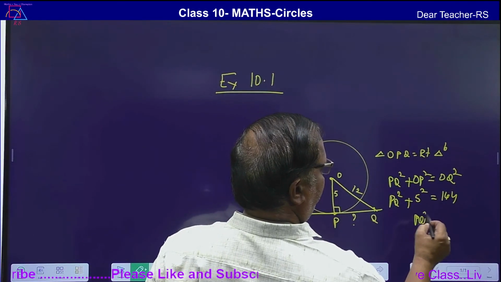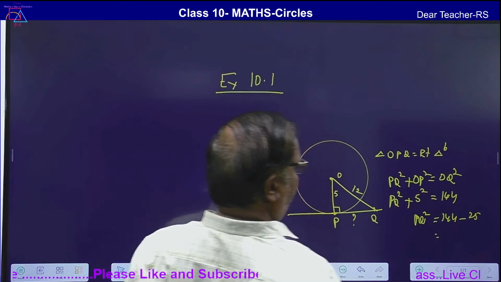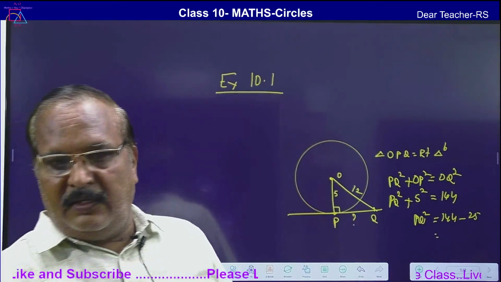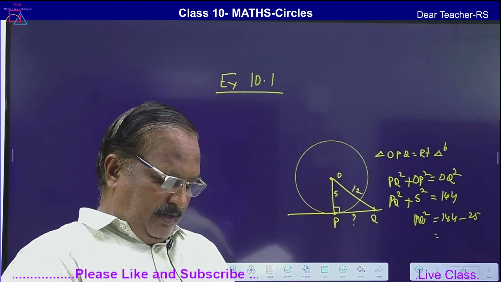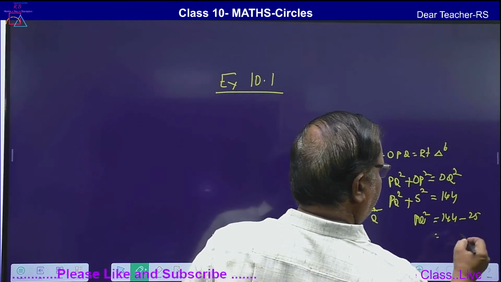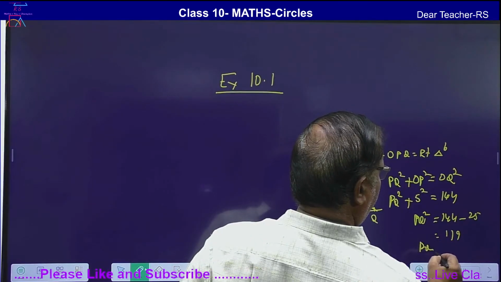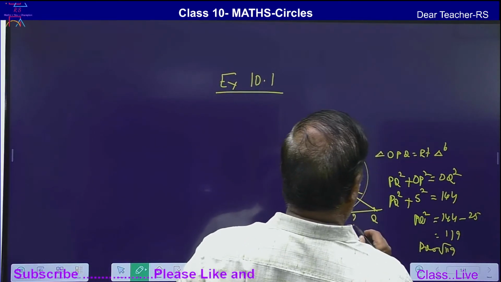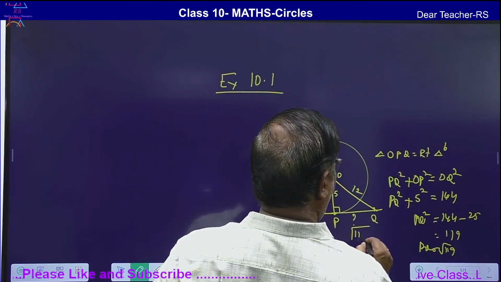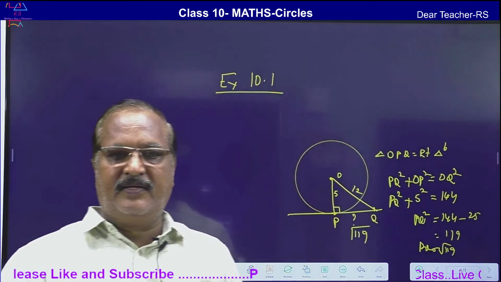So PQ square is equal to 144 minus 25, which is 119. So PQ is equal to square root of 119. So the answer is D. D is the correct answer.